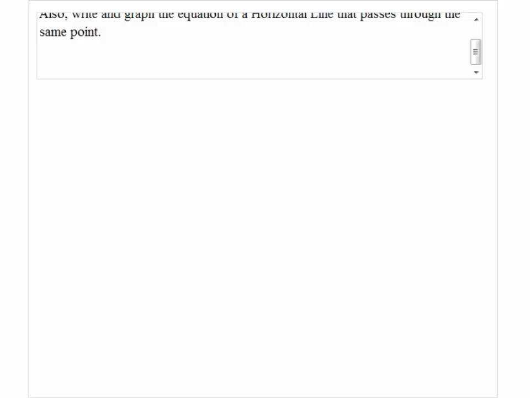Write and graph the equation of a vertical line that passes through (1, 4). Also write and graph the equation of a horizontal line that passes through the same point. First, we graph a rectangular coordinate system.